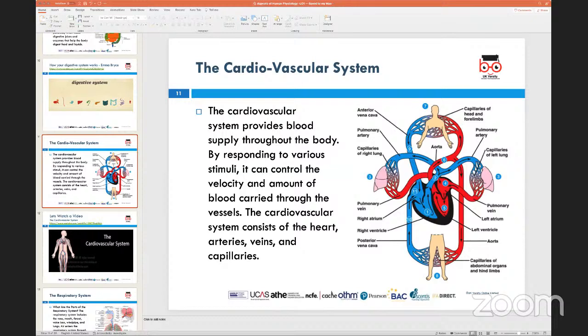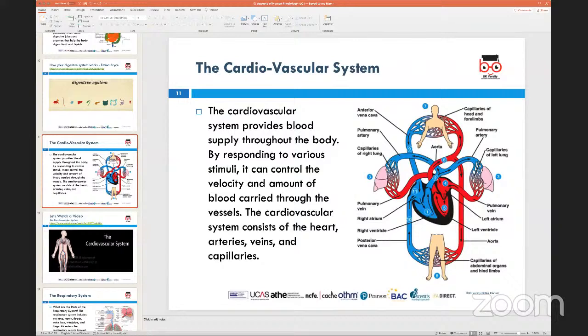Then the body is protected against any sort of injury, infection and disease, and that is also done by the cardiovascular system. Blood clots which get created after a person gets injured or when you have a cut are ways and means through which the body, when I say body, I mean the cardiovascular system, stops the spread of any disease or infection by creating an outer layer or covering to seal the wound.